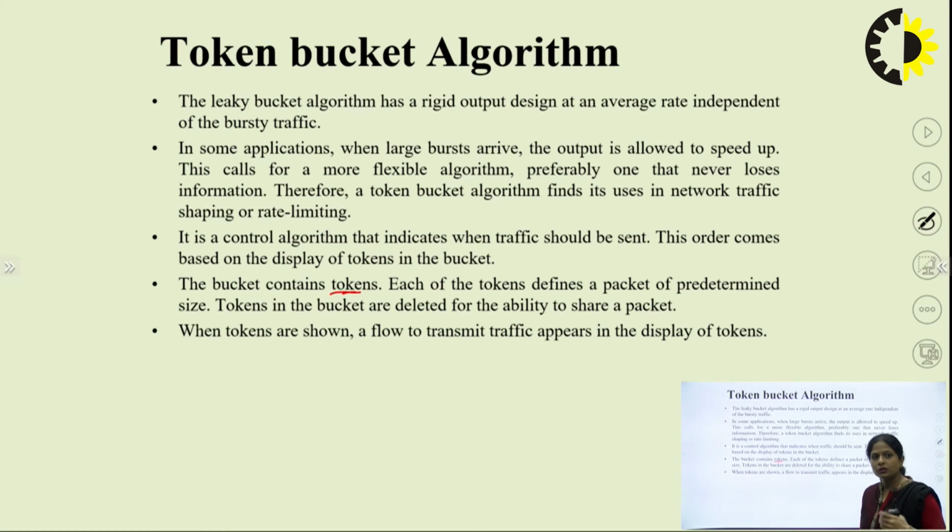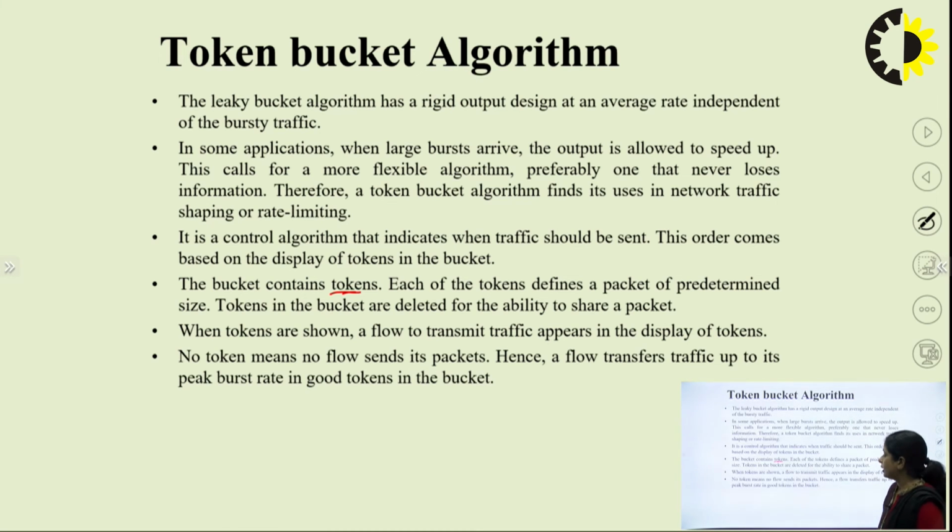When tokens are present, a flow can transmit traffic. If there is no token, no flow sends its packets. Hence, a flow transfers traffic up to its peak burst rate as long as there are tokens in the bucket.